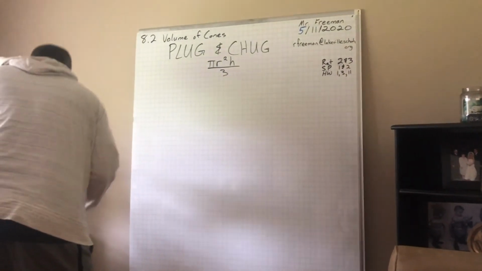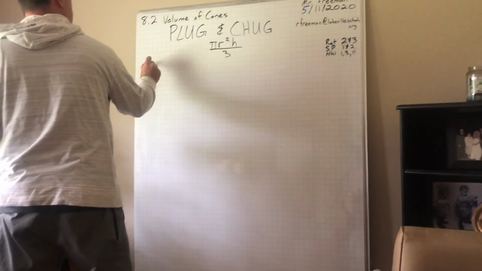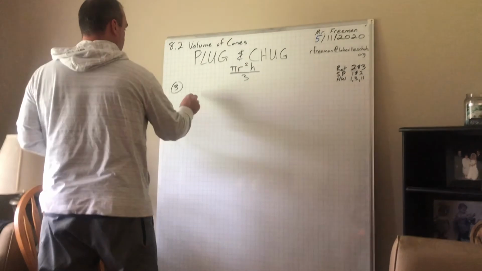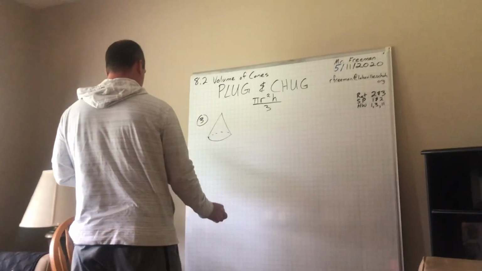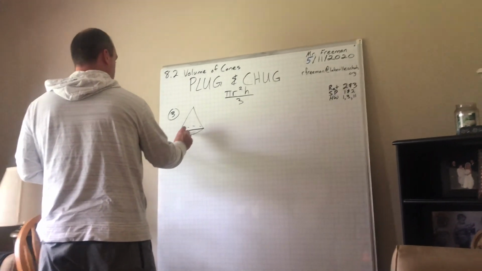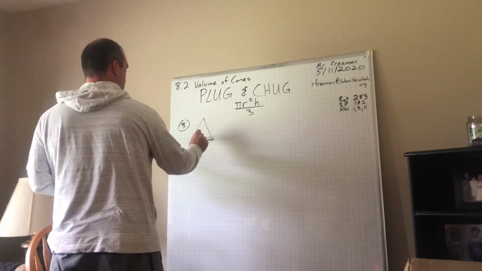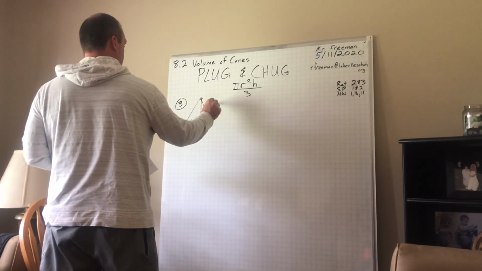The other one I'm doing on reteach is number 3. Reteach number 3 has a cone that looks something like this. Now they tell us all the way across on this one, that's a big thing, is 7. We still know our height is 4 on this guy.